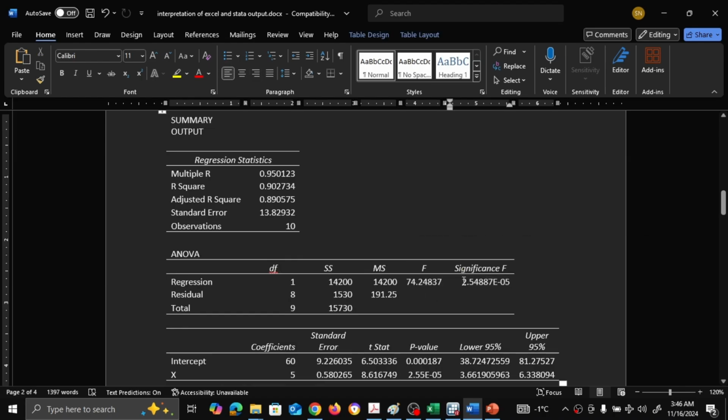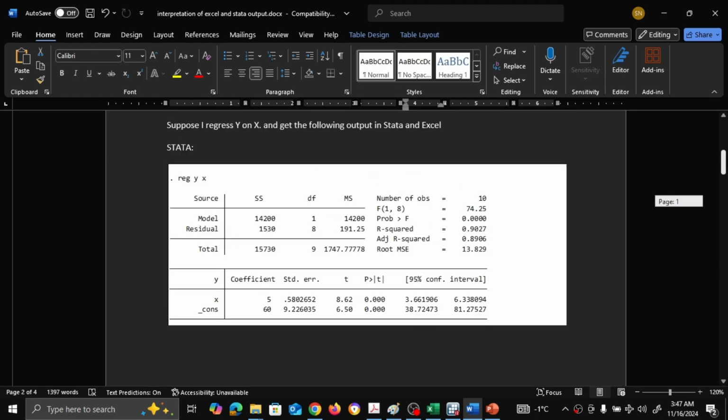Significance F. In theory, the coefficient here, from what I know, should be exactly the same as this p-value in simple linear regression. Feel free to double check this one, okay? Because there's only one beta coefficient here, its p-value on the significance of the F should be exactly the same as this, okay? Let's see if this appears here as well.